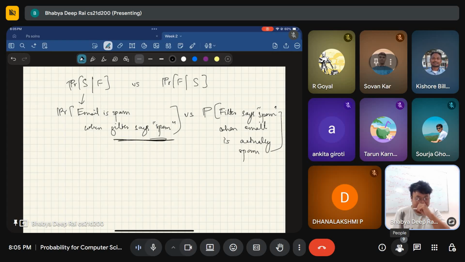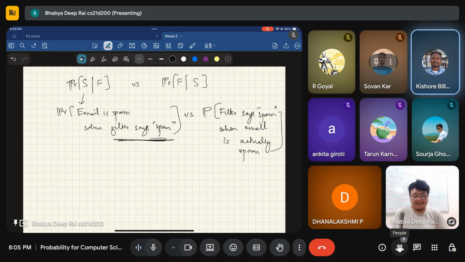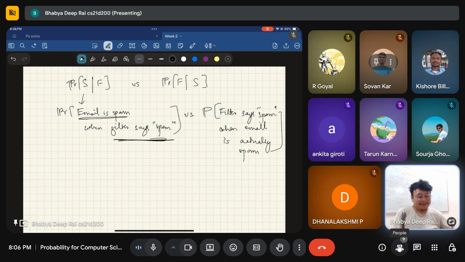Let's say the filter says spam. What is the probability that the email is spam? Let's do the first one first. Here is a filter.